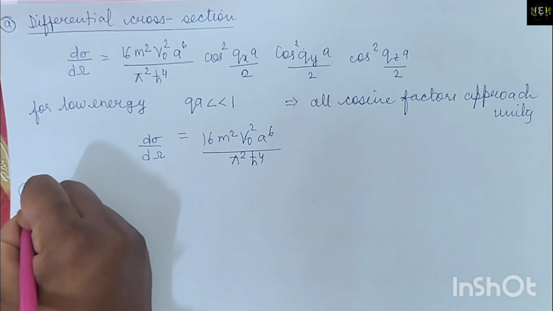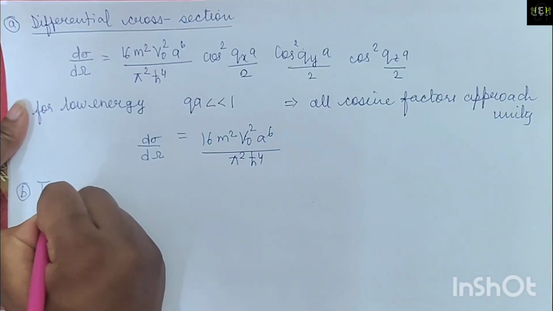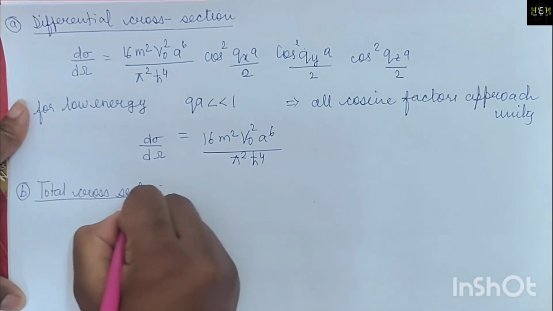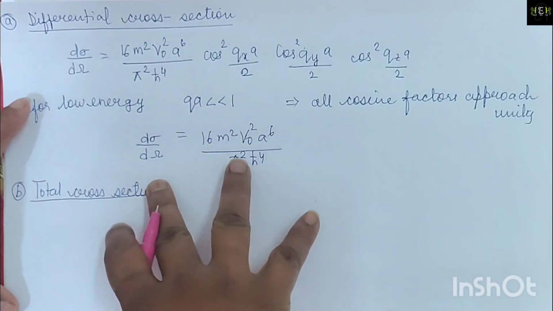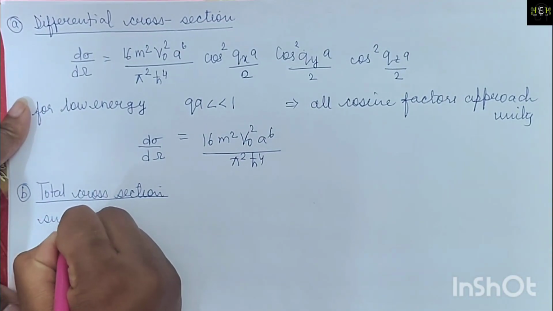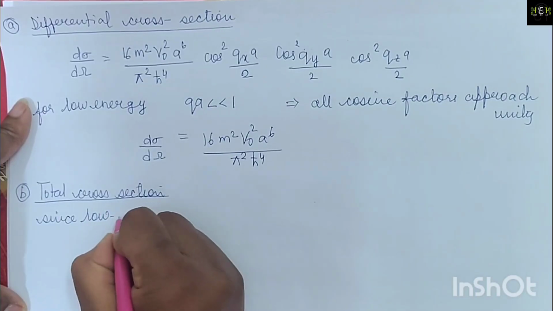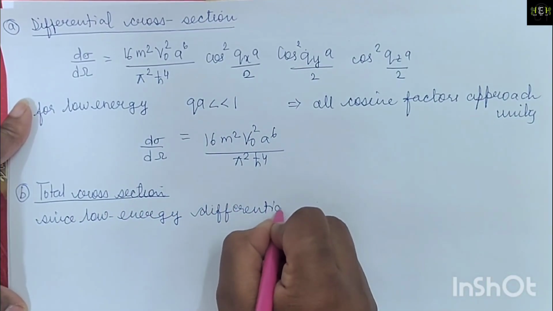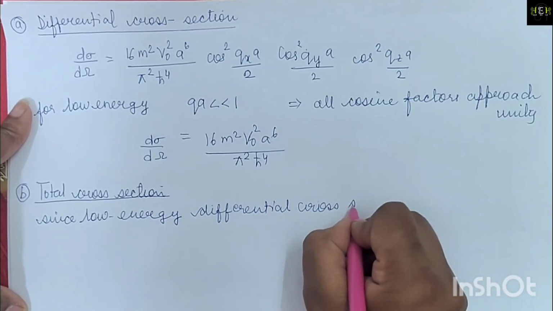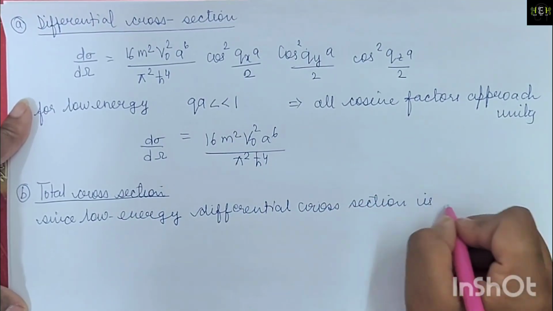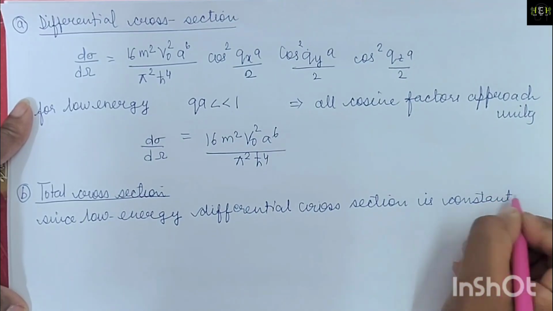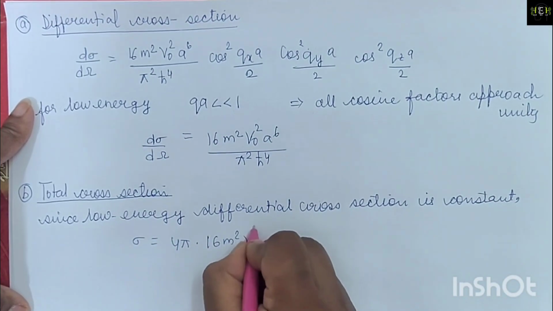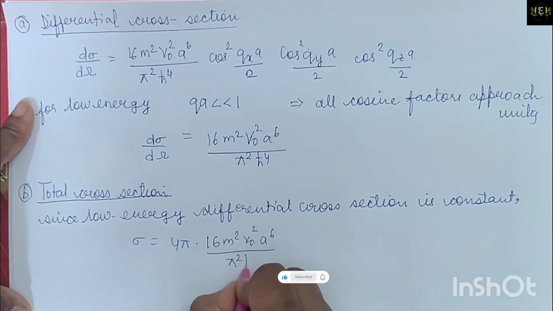Okay, now in part B they are asking about the total cross section. So how can I determine it? See, it is just using this factor. Since at low energy the differential cross section is constant, therefore sigma is equal to 4 pi into 16 m square V naught square a to the power 6 divided by pi square h cut to the power 4.